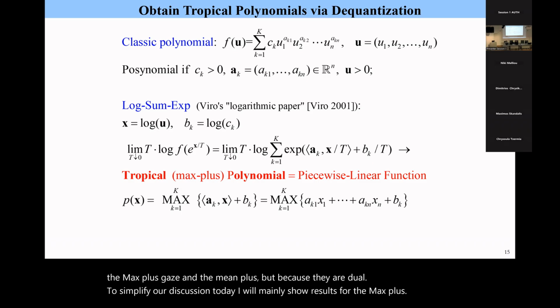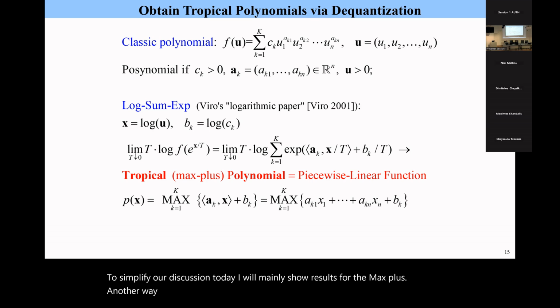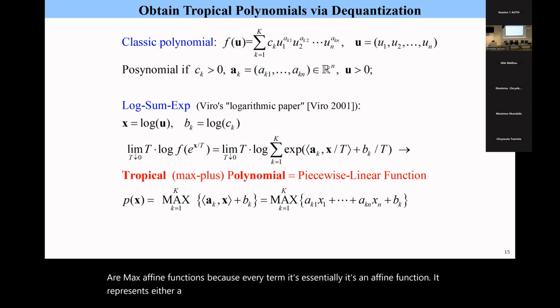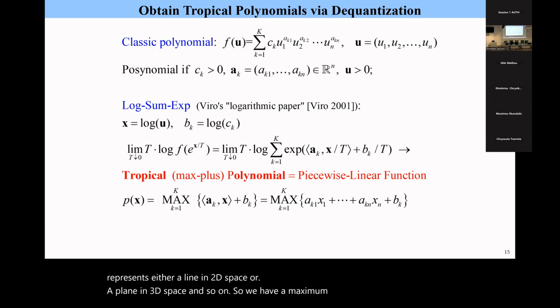Another way of naming these max plus polynomials is max affine functions, because every term is an affine function. It represents either a line in 2D space or a plane in 3D space and so on. So we have a maximum of affine terms.